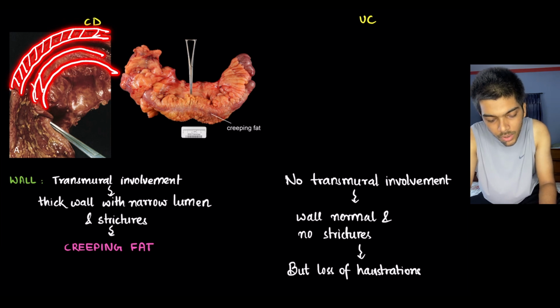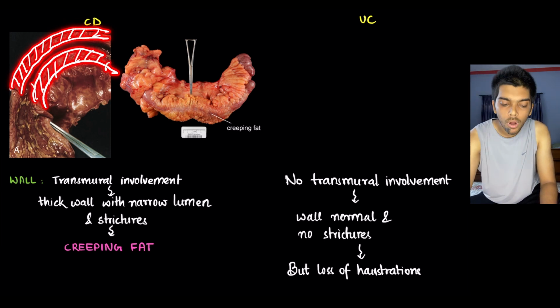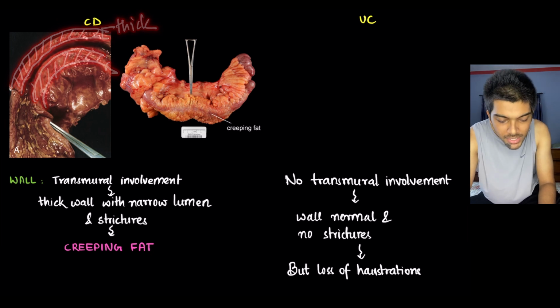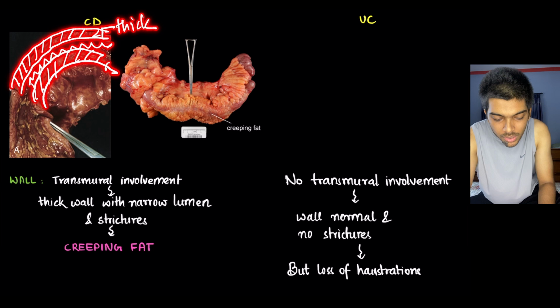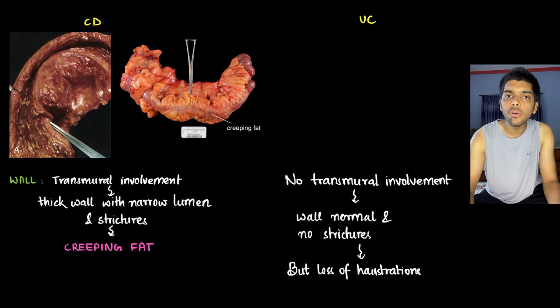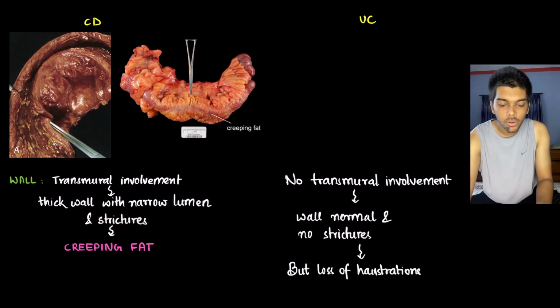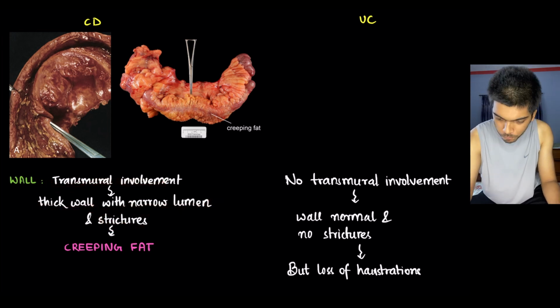As a result, the wall becomes thick. The wall is thick, but the lumen is narrow. And this abnormal narrowing of the lumen is referred to, in medicine, as strictures. So there are strictures. This is how Crohn's disease has a thick wall with narrow lumen or strictures due to transmural involvement, transmural fibrosis.